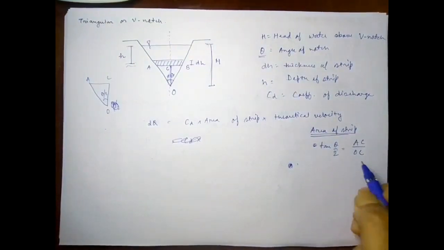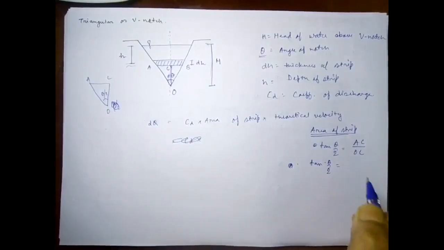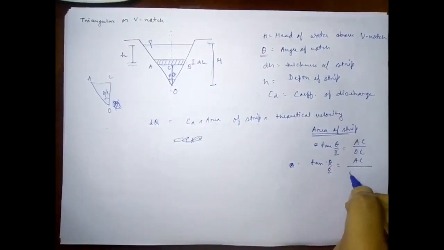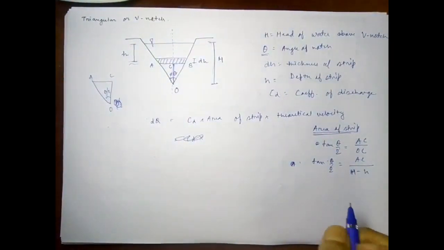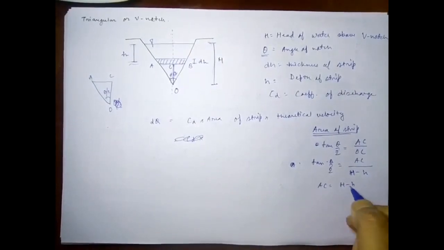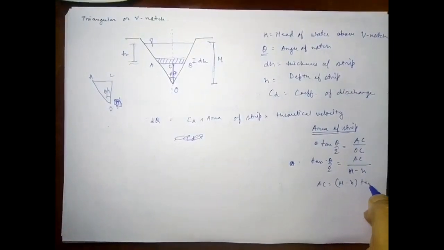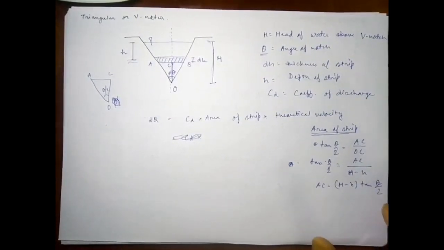So tan theta by 2 is equal to AC by (H minus h), or you can write AC is equal to (H minus h) times tan theta by 2, right?